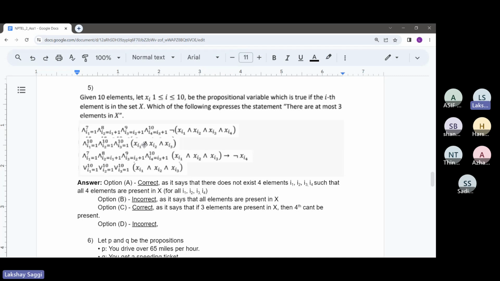Because if there were two elements present in X, then this proposition wouldn't hold true for any I1, I2, I3, so the whole expression would become false. That's why this expression is essentially saying that X contains at least three elements and not at most. That's why option D is incorrect. So the correct answer is option A and option C. A, B, C, D are these four options. So yeah.